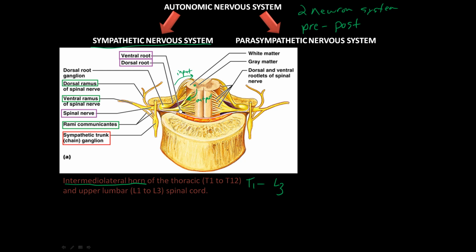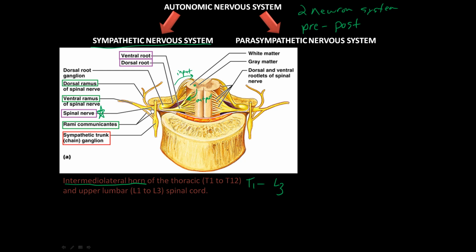They pass the dorsal root ganglion, which is sensory, the input into the nervous system. Once the ventral and dorsal roots meet up, they form the spinal nerve. Then there's the dorsal ramus of the spinal nerve and the ventral ramus of the spinal nerve.